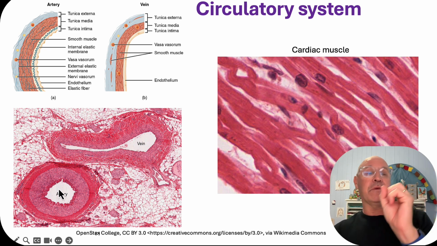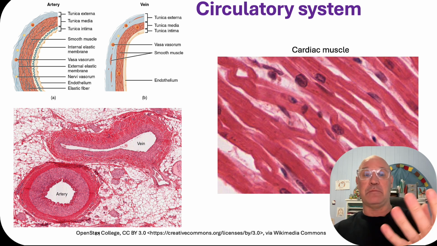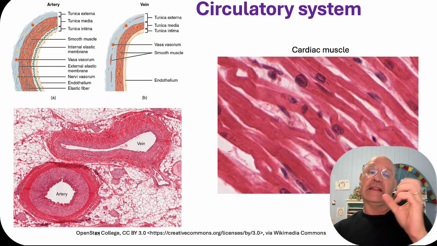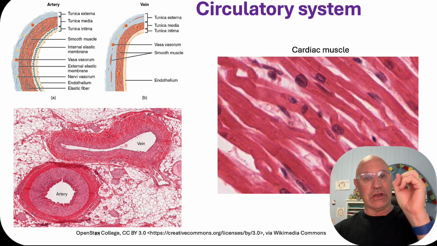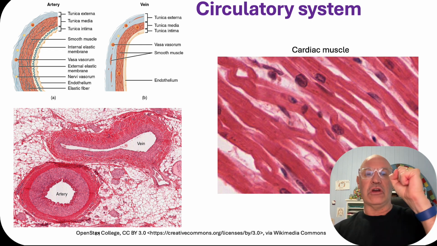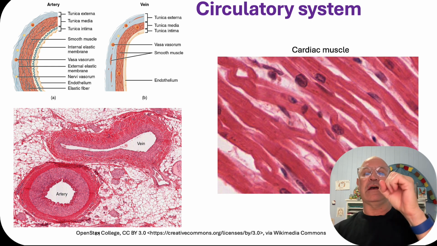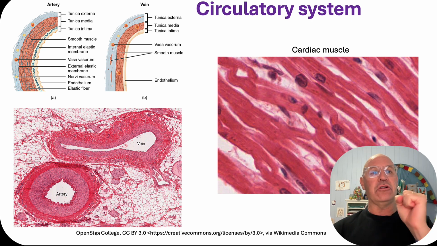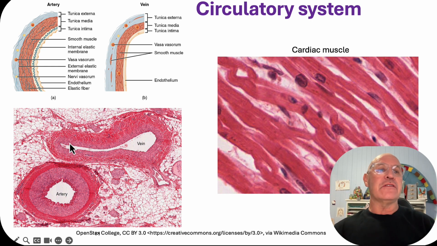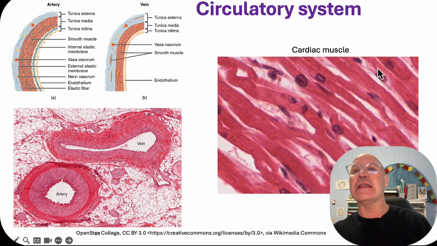So we use it for arteries and veins, but obviously for capillaries as well. Vasodilation is relaxing of that smooth muscle. Vasoconstriction is constricting or contracting of that smooth muscle to reduce the size of the lumen and control the amount of blood that flows. So we can see smooth muscle in veins and arteries, and we can see cardiac muscle in the heart. Cardiac muscle is striated, but it's a bit harder to tell.